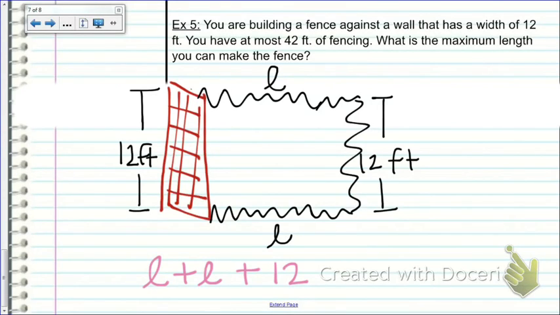And I have at most, and this is where students get confused too, so make sure we're actually thinking about the problem. At most 42 feet of fencing. So does that mean the amount of fence that I use has to be less than or equal to 42 or greater than or equal to 42? Less than or equal to 42. Because I cannot exceed 42 feet, right?